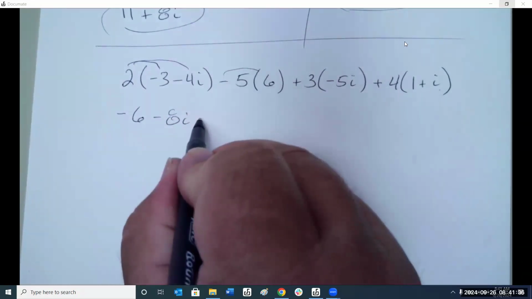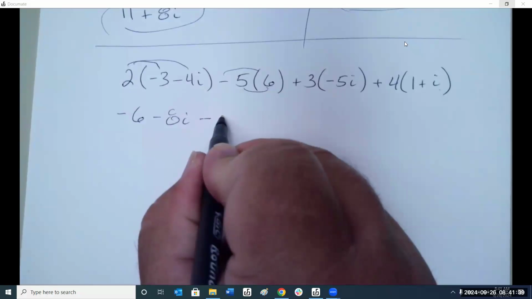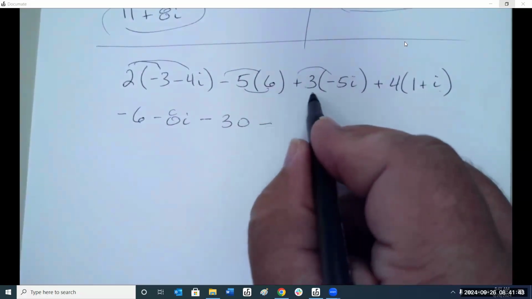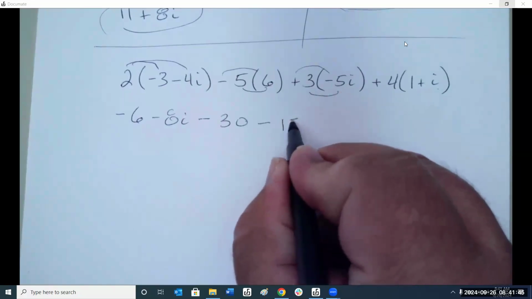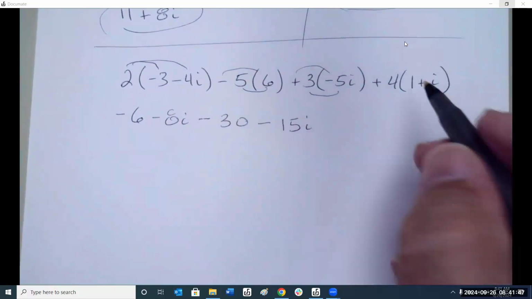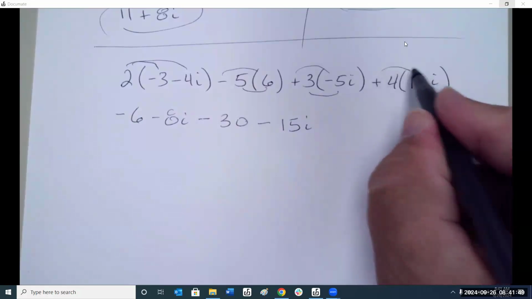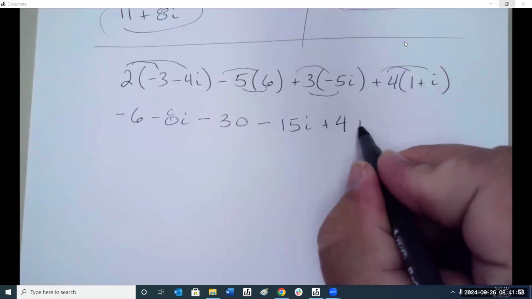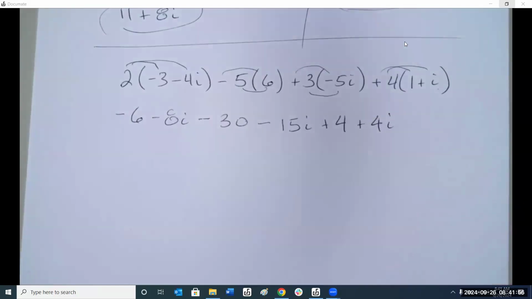Negative times positive is negative. 5 times 6 is 30. Positive times negative is negative. 3 times 5 is 15i. That's 4 times 1 is positive 4. 4 times i, 4i.